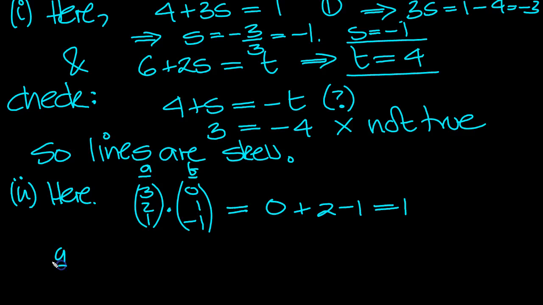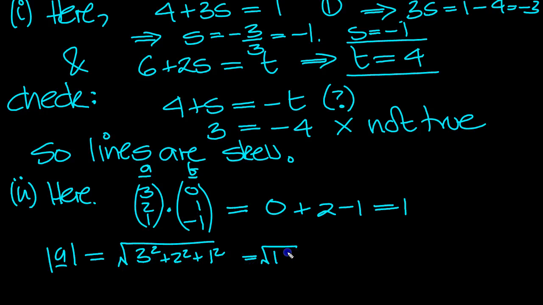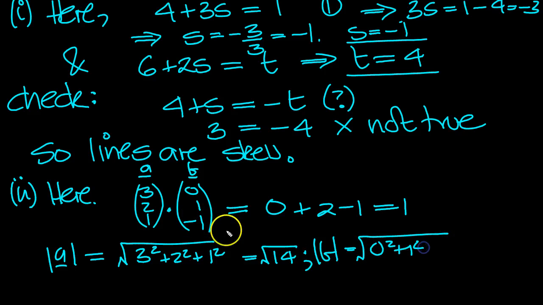The modulus of a is the square root of 9 plus 4 plus 1, which is the square root of 14. The modulus of b is the square root of 0 squared, 1 squared, and minus 1 squared, so we end up with root 2.